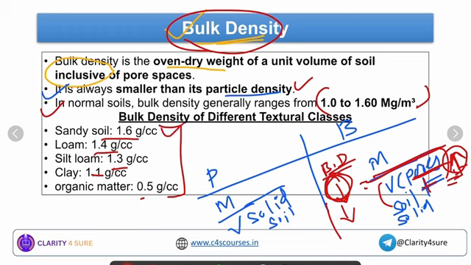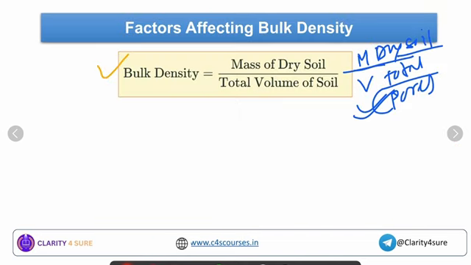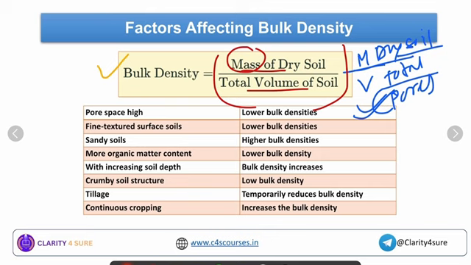You can see here sand is 1.6, organic matter is 0.5, and so on. This is the formula: mass of dry soil upon volume, which will include the pores. Bulk density is of more interest for us, because tillage and other factors have an impact on its value.